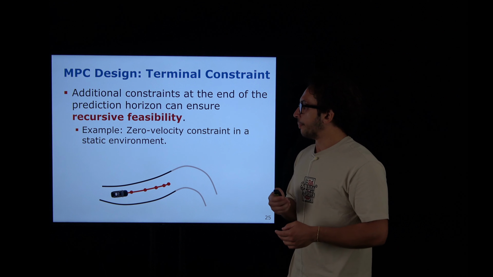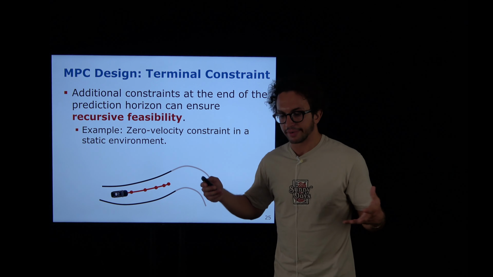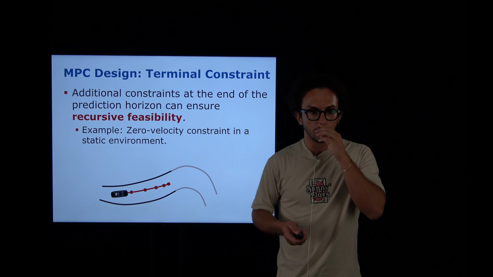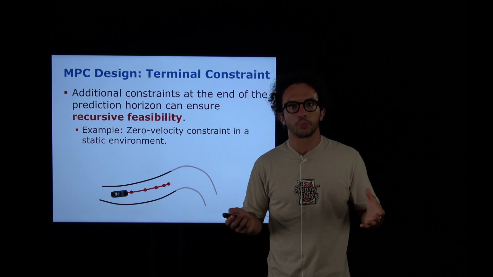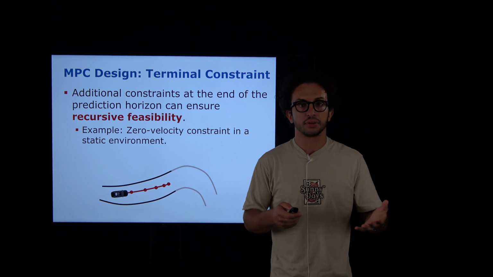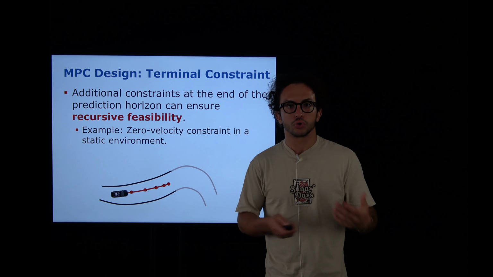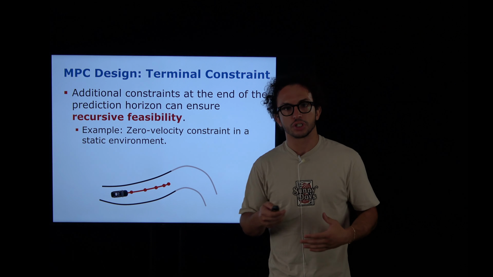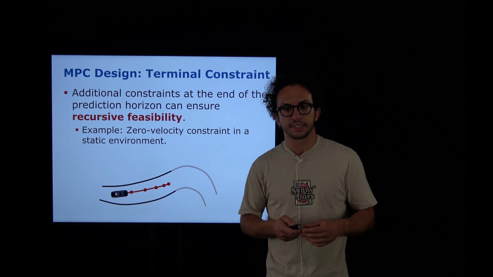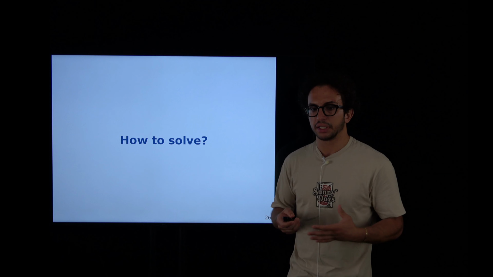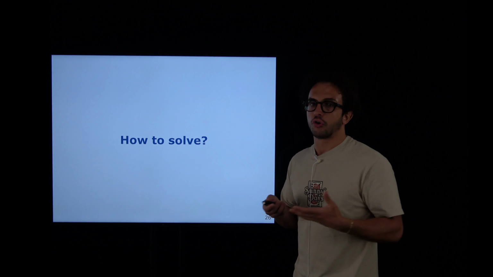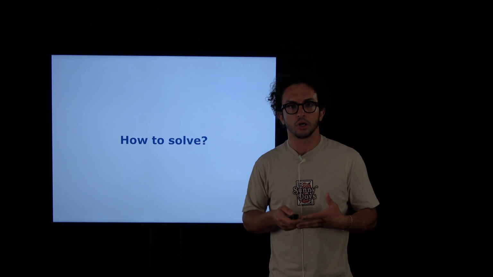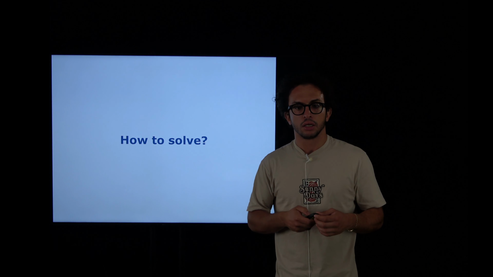Okay, now this was a bit of an introduction basically to what is a control problem, what is a model predictive control problem, and also talking about cost functions, constraints, and all these things. Now let's talk a bit about how to solve an optimal control problem like this.